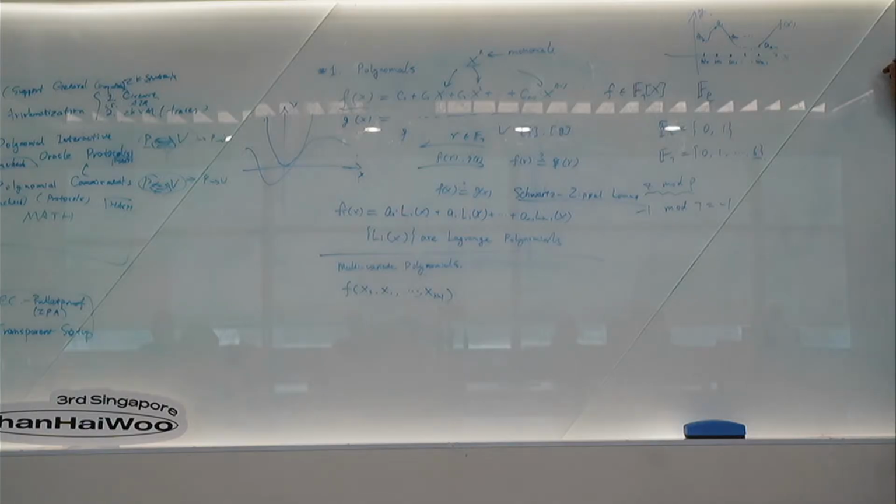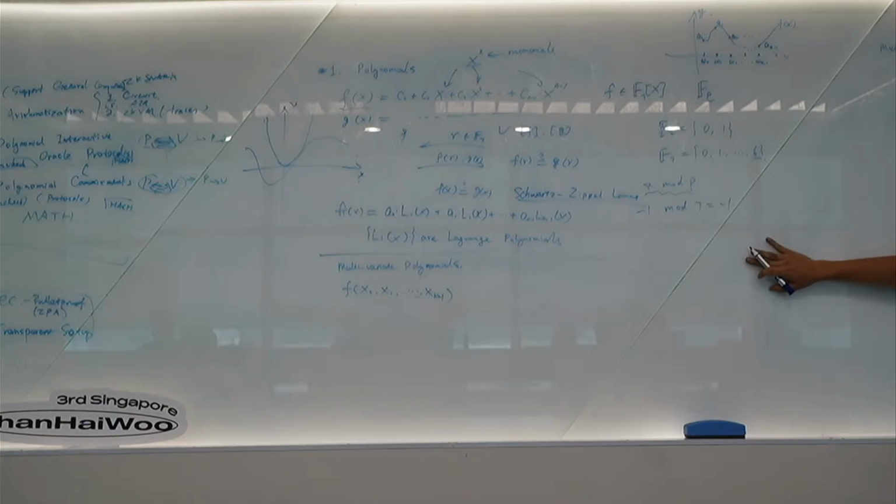Okay, multivariate polynomials. Here, for simplicity, we introduce one special family of multivariate polynomials. We call it a multilinear polynomial, a multivariate linear polynomial, whose geometric correspondence is much easier to imagine in your head.